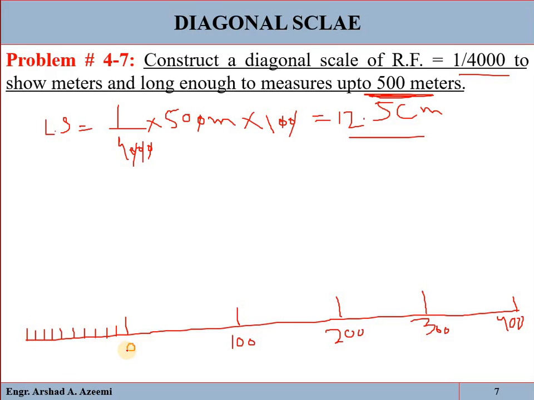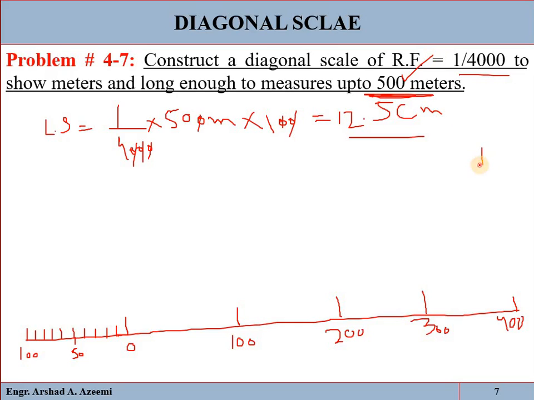You can see that this portion is of 100 meter. So each part will represent 10 meter, 10 meter, 20 meter, 30 meter, 40 meter, that will be 50 meter, 60, 70, 80, 90 and 100. Okay, it means through this scale we can measure up to 500 meter distance.